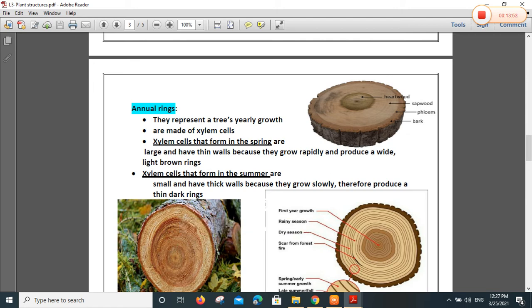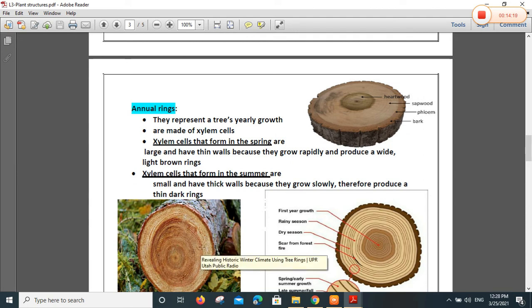These are called the annual rings. They represent the tree's yearly growth, and are made of xylem cells that transport water.